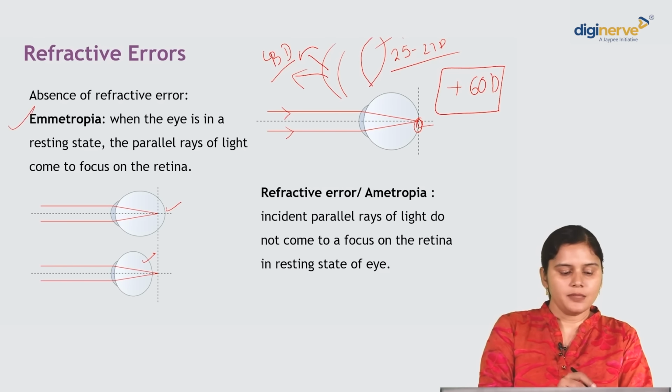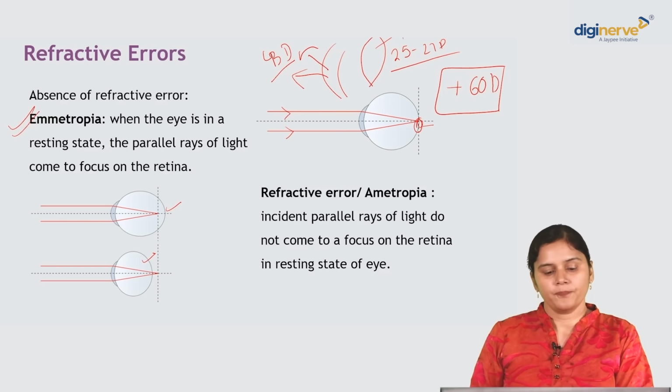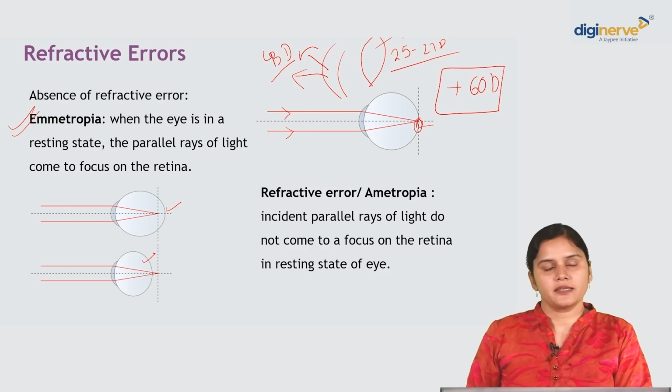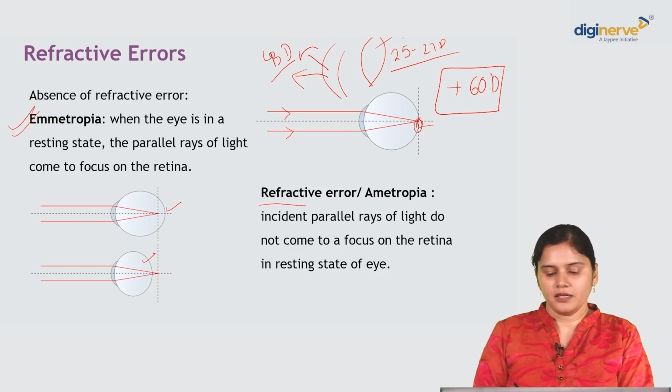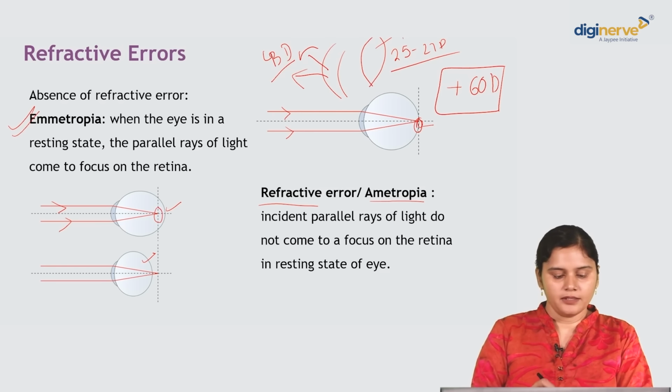So what is emmetropia? Emmetropia is when the parallel rays that are coming from infinity are focused onto the retina to provide clear vision to a person. But refractive error or ametropia is when parallel rays of light which are coming from infinity are not focused on the retina. Either they are focused in front of the retina or the back of the retina.